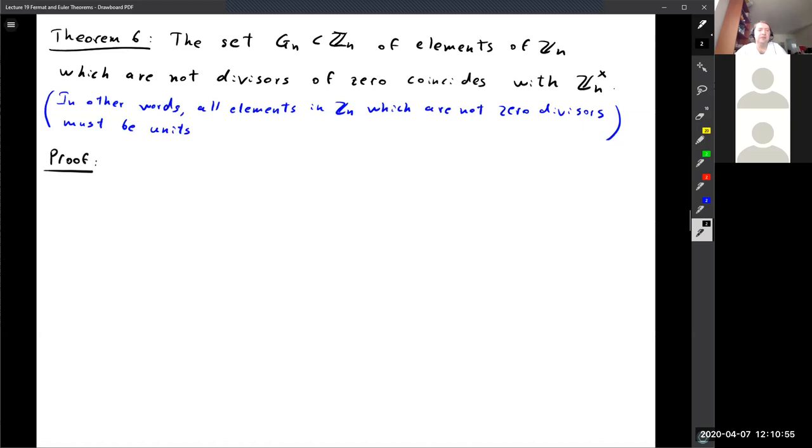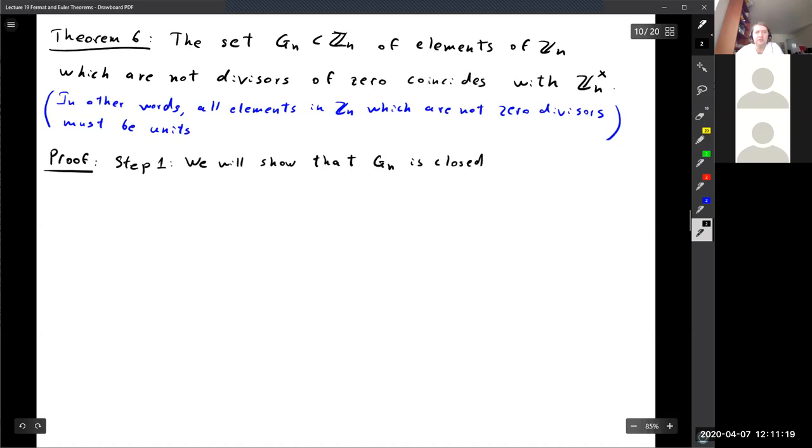Okay, so on the first step, we need to show that the set G_n is closed under multiplication. Step 1, we will show that G_n is closed under multiplication.